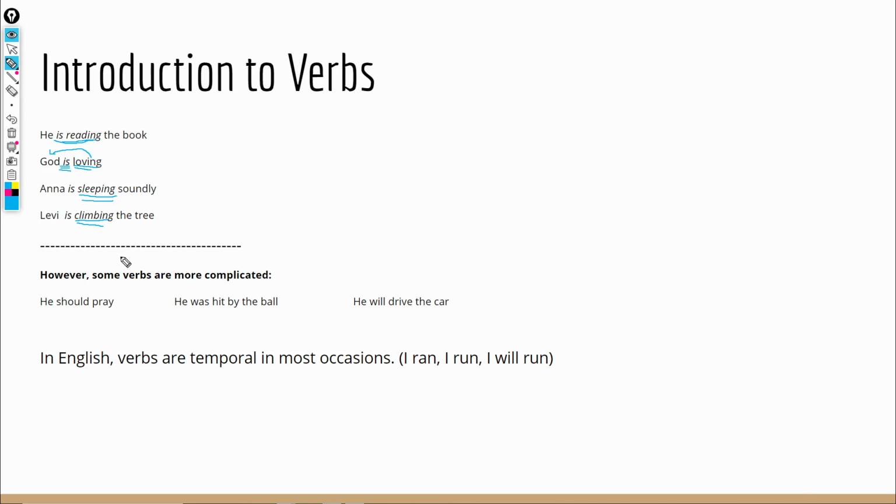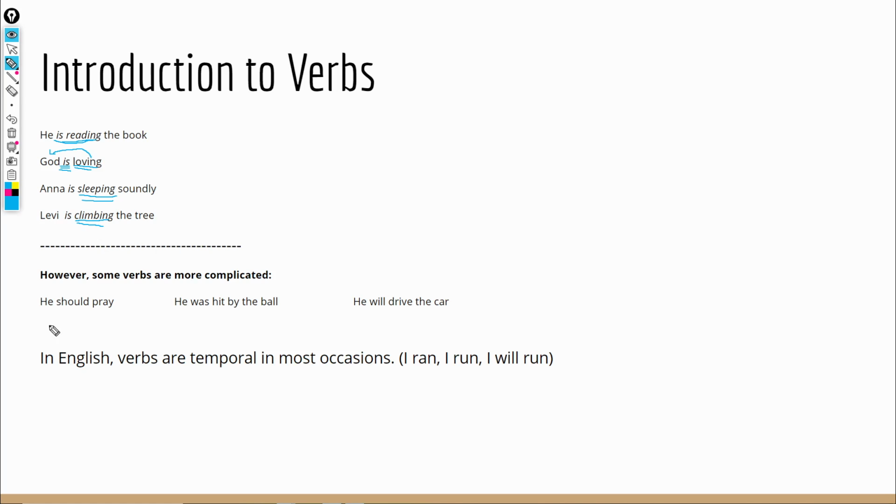However, what's interesting in English, and really any other language, is that when you add words beside or very close to a verb, it changes the inflection, you could say, or the way in which you want that verb to be understood. To give you an example, this sentence here: he should pray.